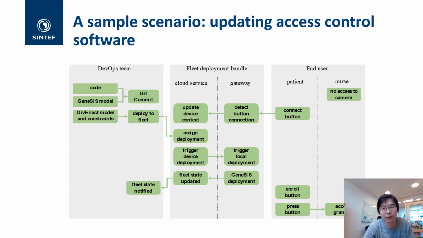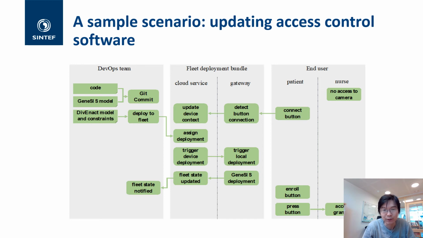The sample scenario is based on an example of updating the access control software. The company wants to roll out a new way for the patient to give access rights to their doctors through a button that is connected to the gateway.